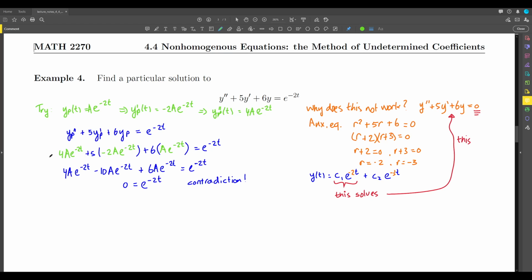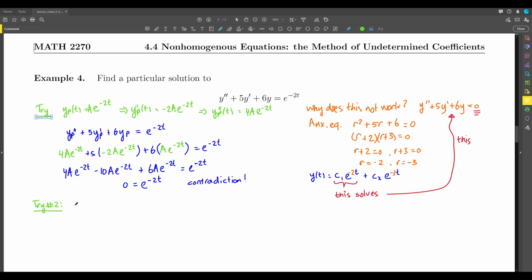So let's try something else. And this try basically comes from what we've seen before with a repeated root. When you have a repeated real root, one part of the solution was, let's say, e to the power 2t, and then for the second part we introduced a factor of t.